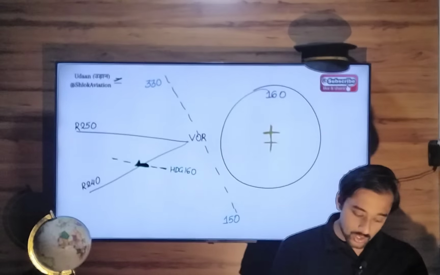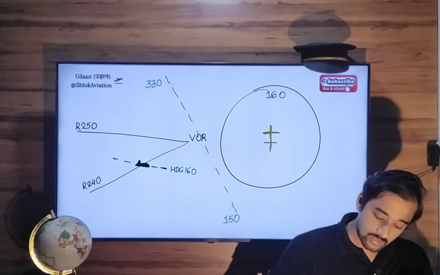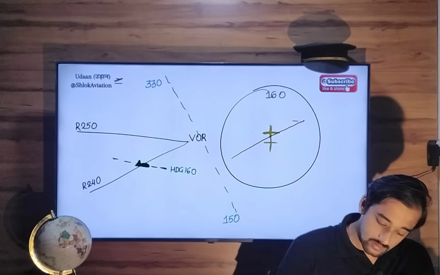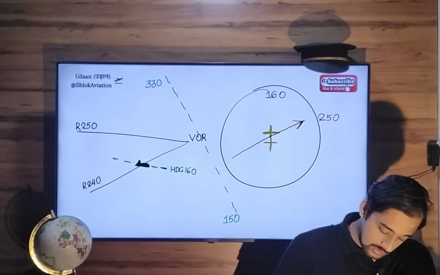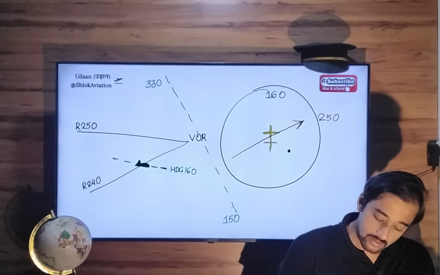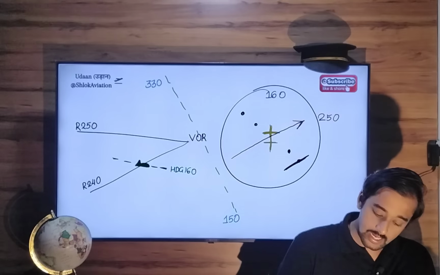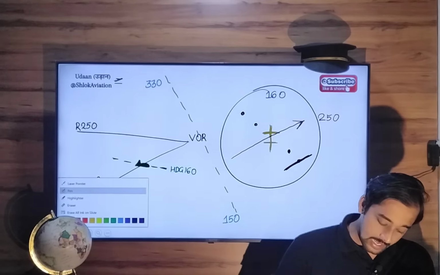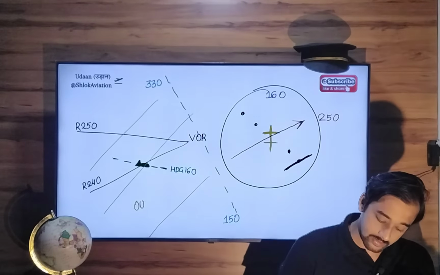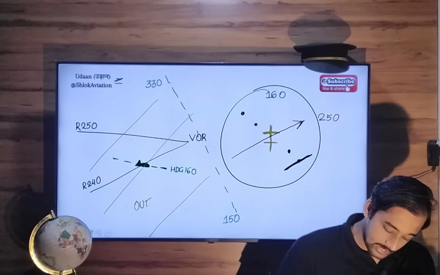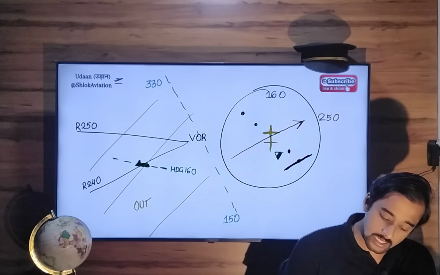So over here you have selected course of 250, so that means your CDI needle will be on the right side by 10 degrees, and the to-from indication will be from, because this sector is the from sector, outbound sector.